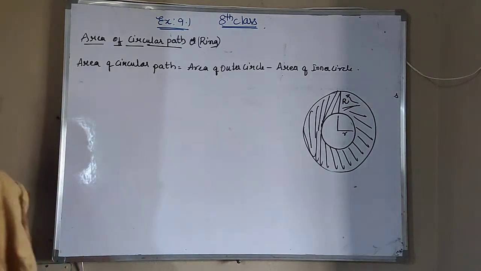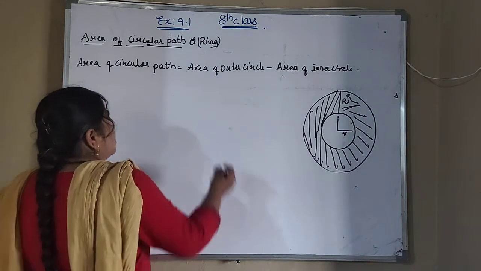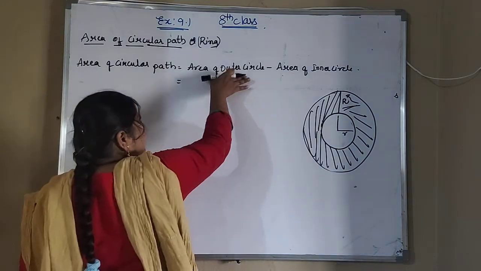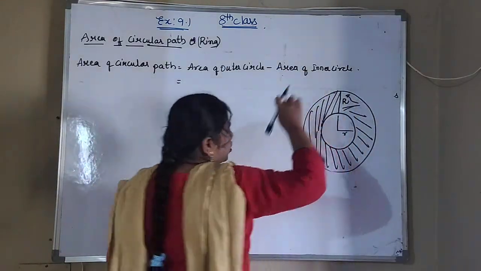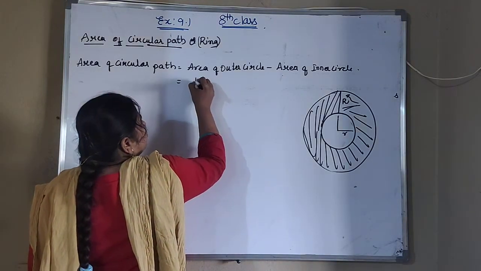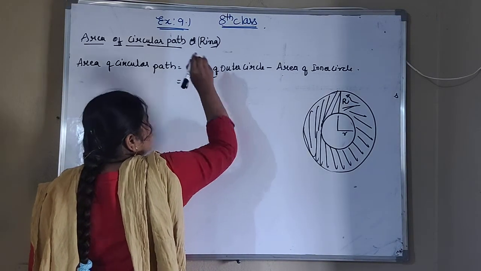Okay, so already we know the area of a circle formula. So area of a circle is what? Pi r square. So for the outer circle, the radius we have taken as capital R, so I am taking here capital R only, that is pi R square.